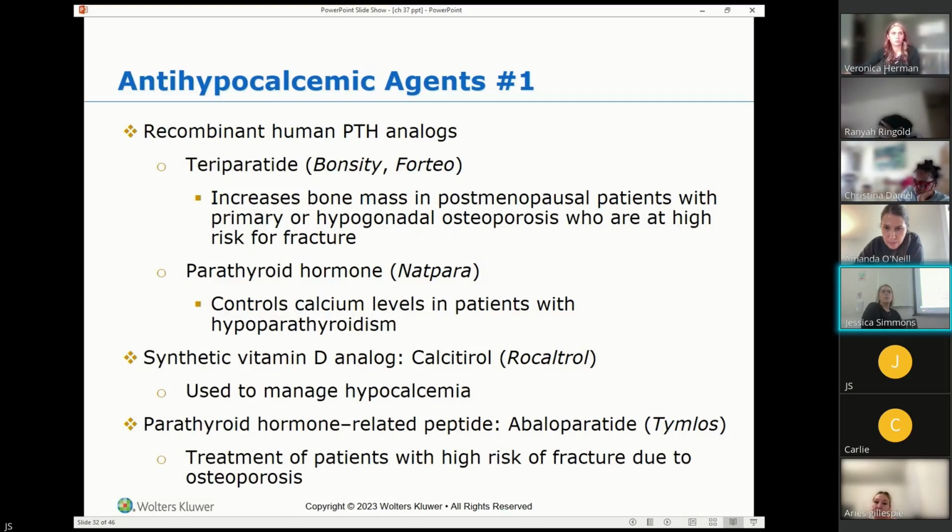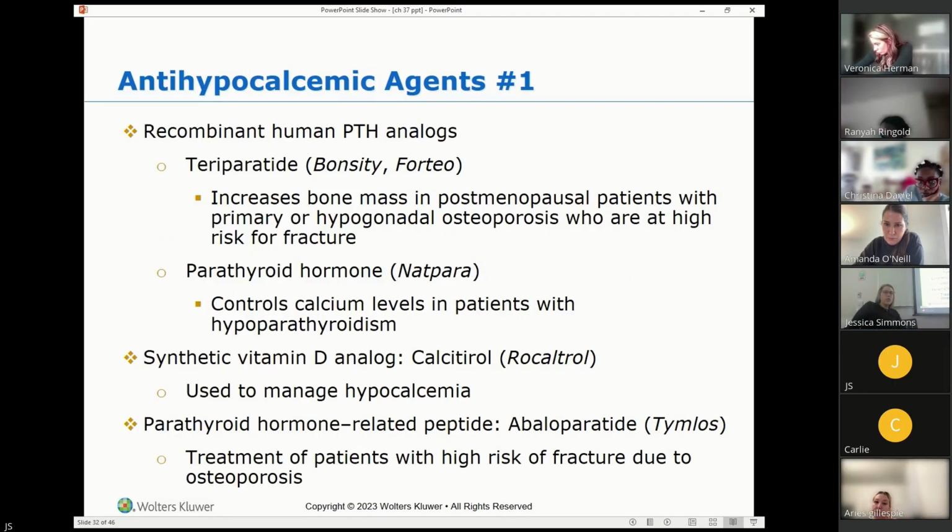Hypogonadal. What did I tell you to remember about gonads? Gonads. Is that like the adrenal glands? No. Gonads are your sex hormones. Gonads refer to your sex organs.